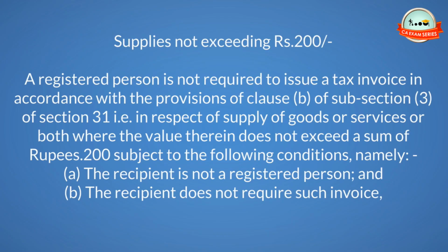Supplies not exceeding Rs. 200. A registered person is not required to issue a tax invoice in accordance with the provisions of Clause B of subsection 3 of Section 31, that is, in respect of supply of goods or services, or both, where the value therein does not exceed a sum of Rs. 200, subject to the following conditions, namely: A. The recipient is not a registered person, and B. The recipient does not require such invoice.